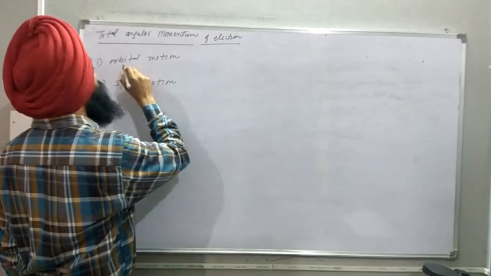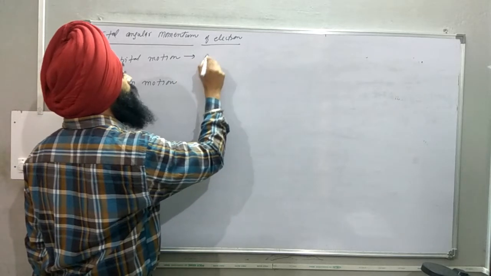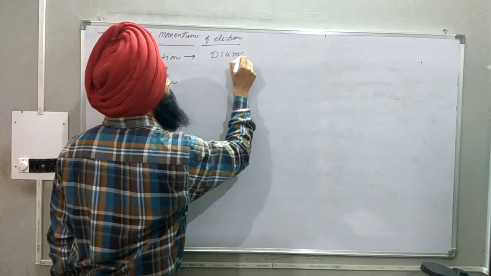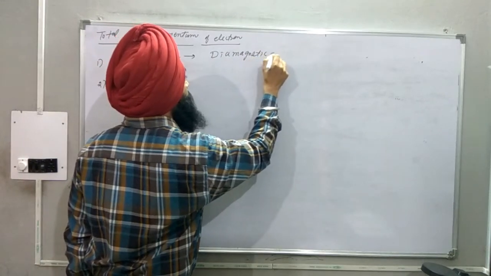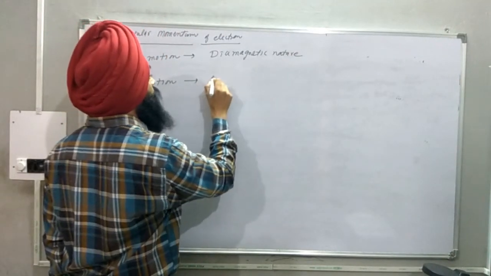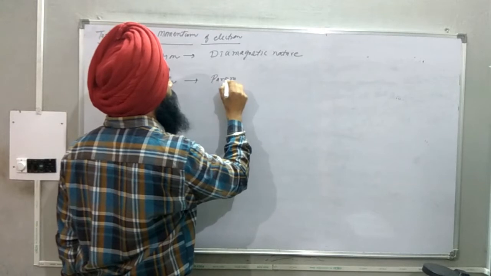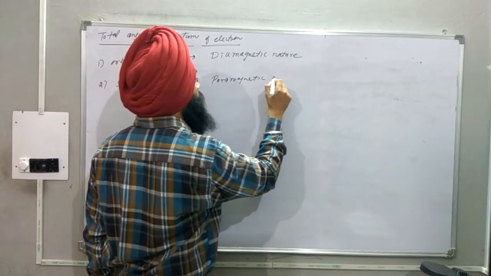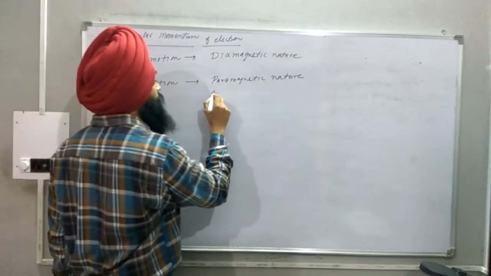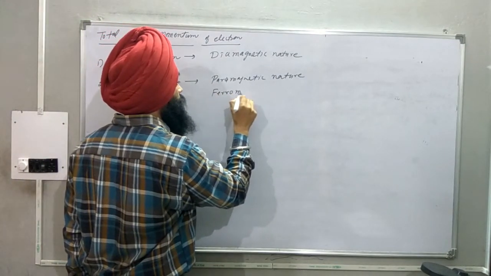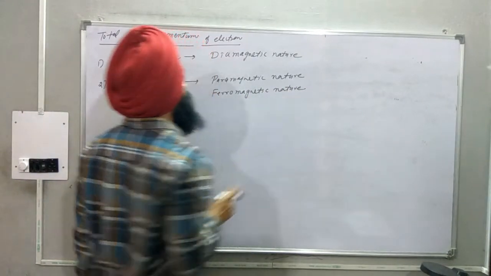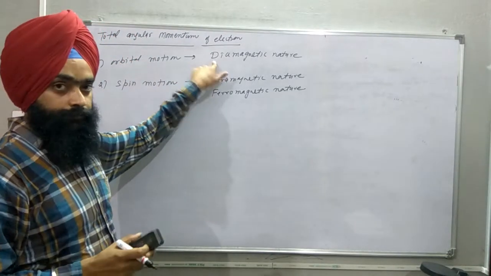This orbital motion is responsible for diamagnetic nature, and the spin motion is responsible for paramagnetic nature, and for some special types of elements it is also responsible for ferromagnetic nature. This nature is called universal.